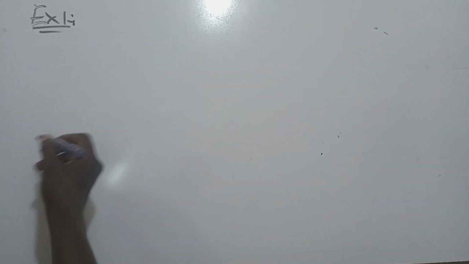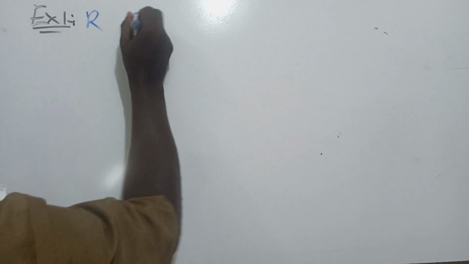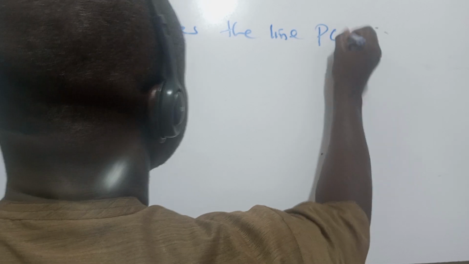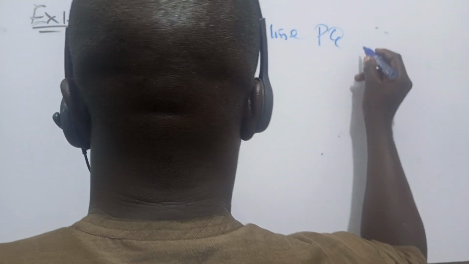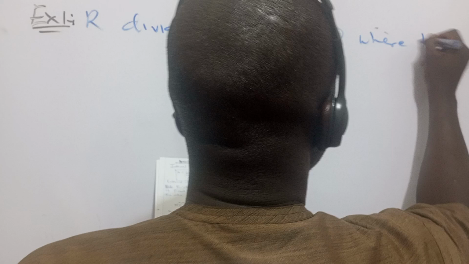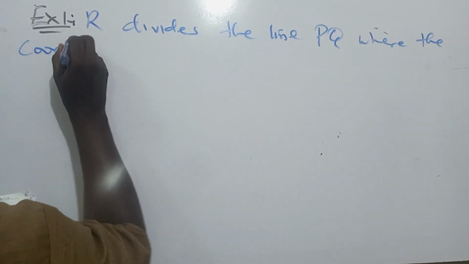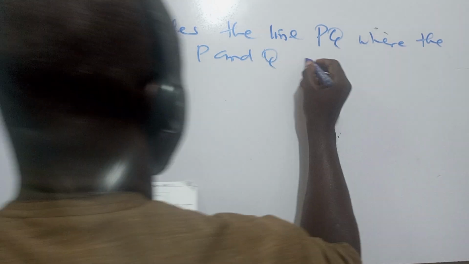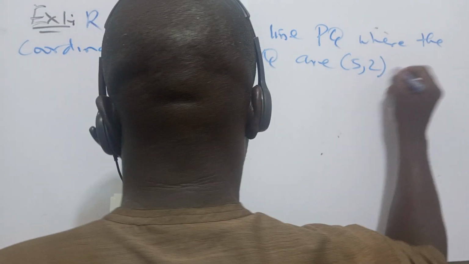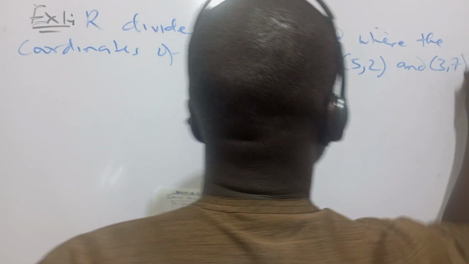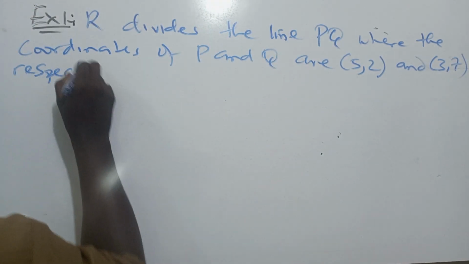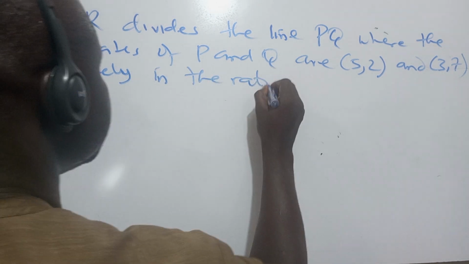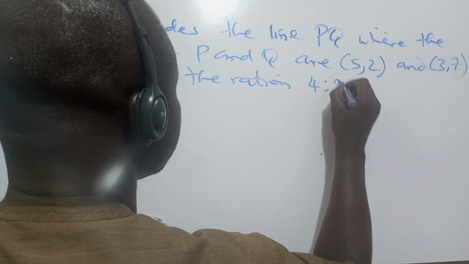The question says R divides the line PQ, where the coordinates of P and Q are (5,2) and (3,7) respectively, in the ratio 4:3.